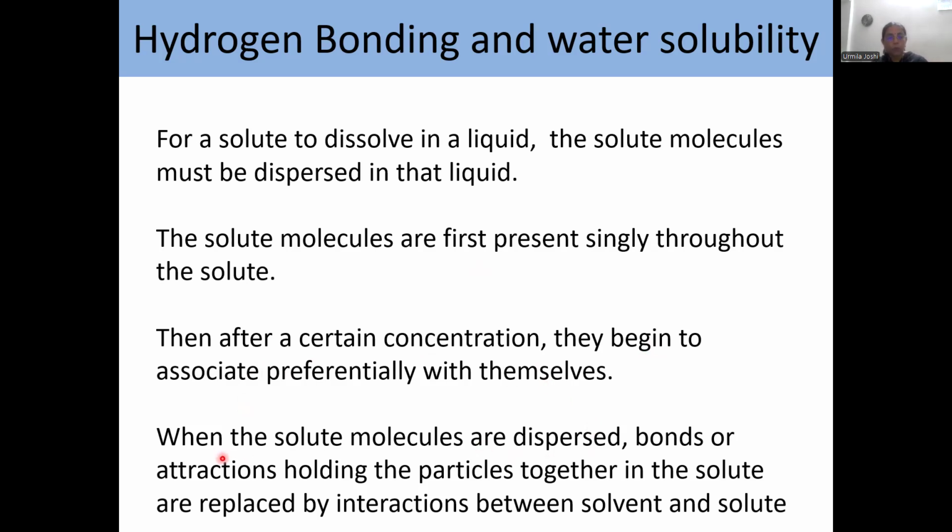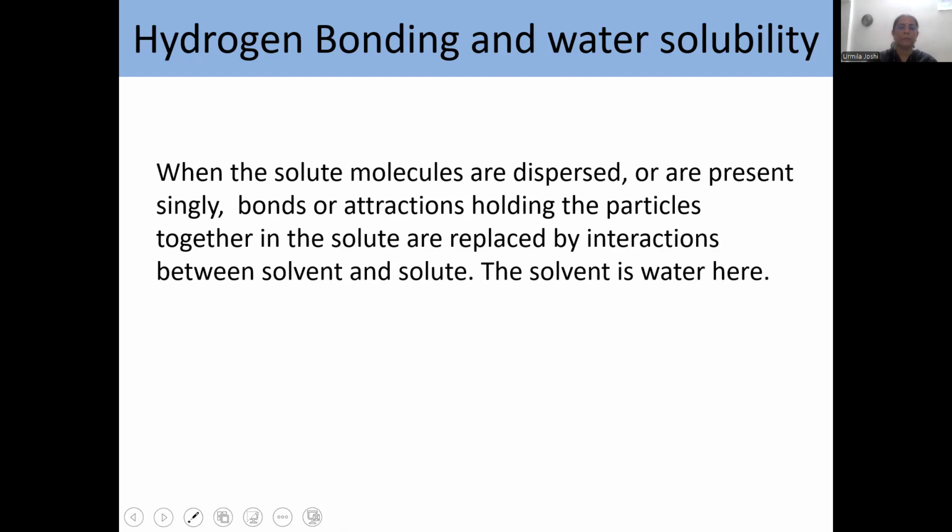When the solute molecules are dispersed, what happens? Bonds of attraction holding the particles together in a solute are replaced by interaction between solvent and solute. So, in simple words, when a solute dissolves in water, the solute molecules form hydrogen bonds with water. When they form hydrogen bonds, they dissolve.